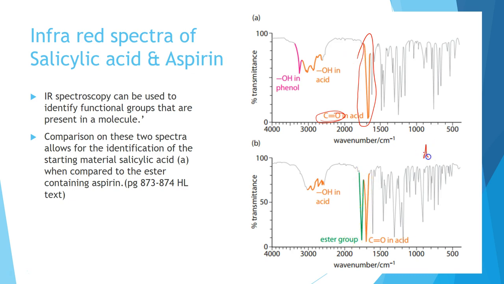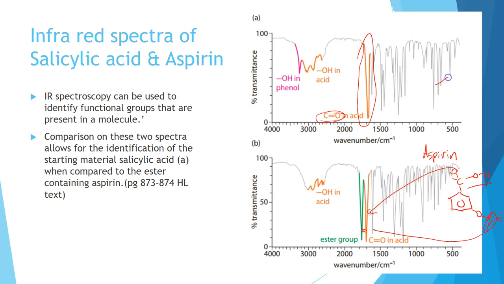So because we have both, we know that this one is aspirin, because we have both the C=O OH of the acid moiety as well as the ester. So this C=O is the green one, and this one is the orange one.